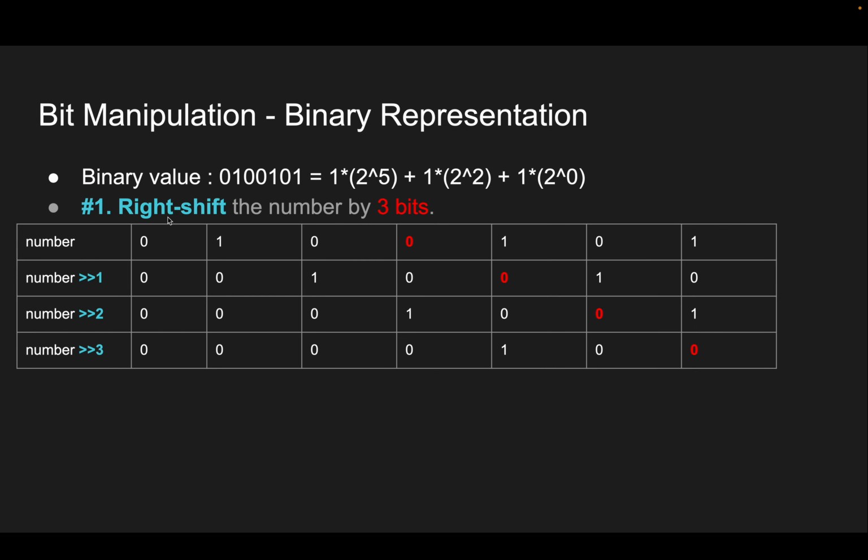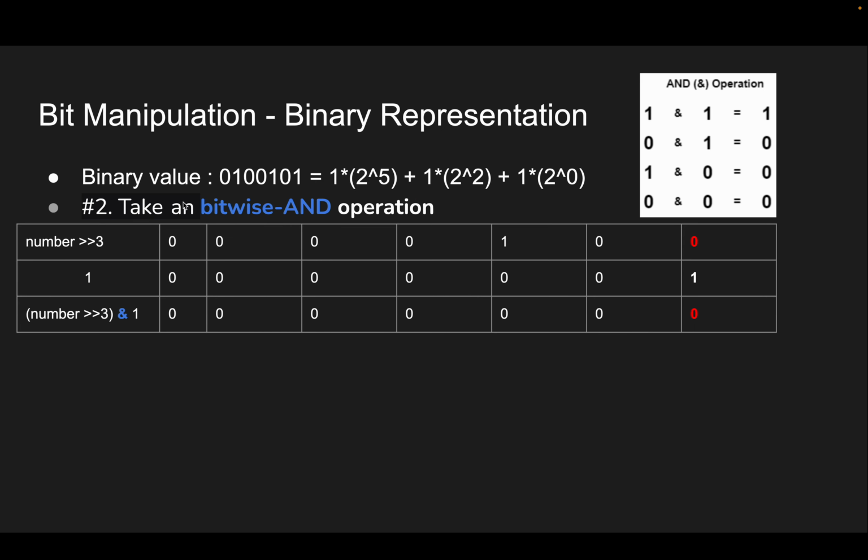After we right shift the number by 3 bits, we take a bitwise AND operation with 1. This is the right shifted number here, and we take the AND operation.